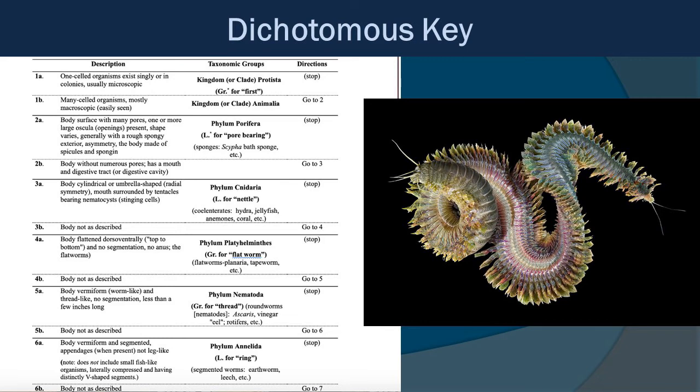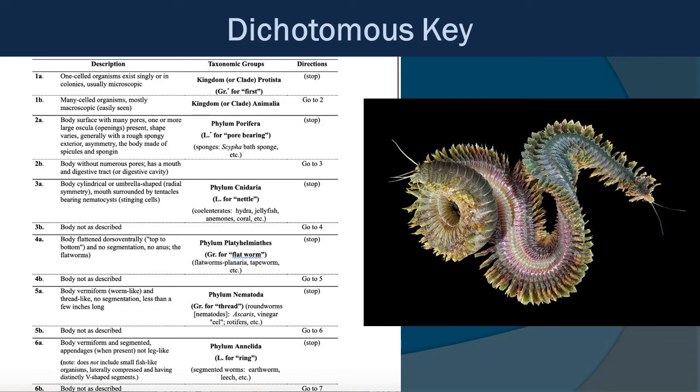Body without numerous pores, has a mouth and a digestive tract or digestive cavity. Just looking at this image, I can tell you, yeah, it does have a mouth. It's actually on the left side of the worm, if you will. So we're definitely going to go with 2B here. And that tells me to go to question number 3.